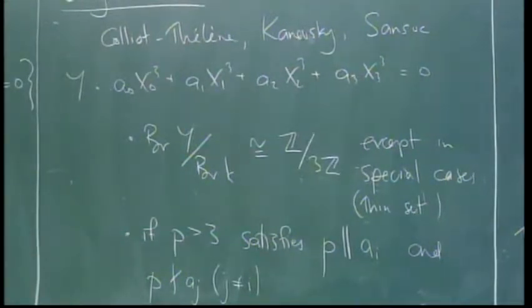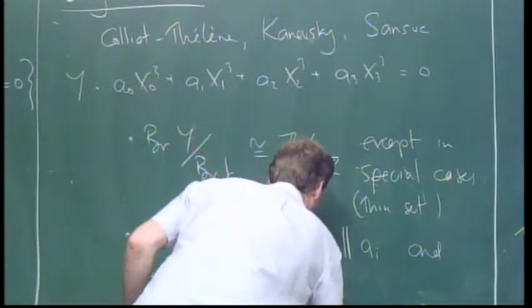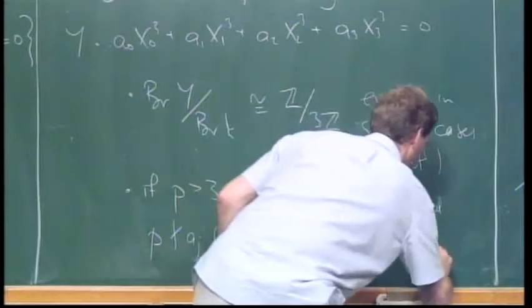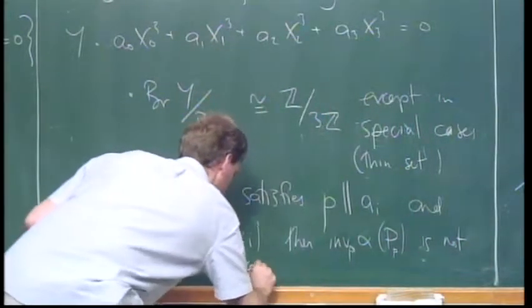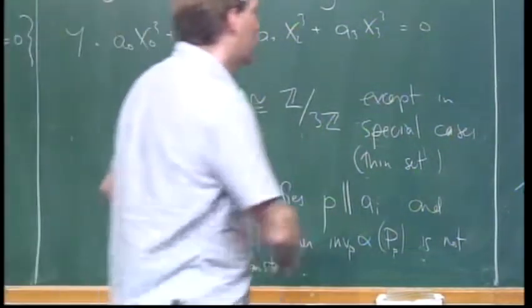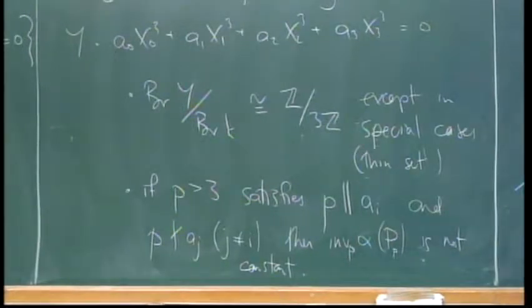In fact, it takes the values 0, 1/3, 2/3. So then inv_p alpha(P_p) is not constant. Okay, and they proved this in a very explicit way. This happens for 100% of the members of the family. That's a little exercise. So we deduce immediately that 100% of these have an obstruction to weak approximation.